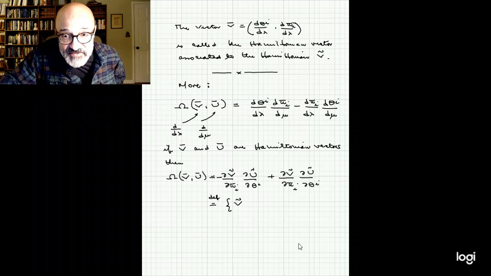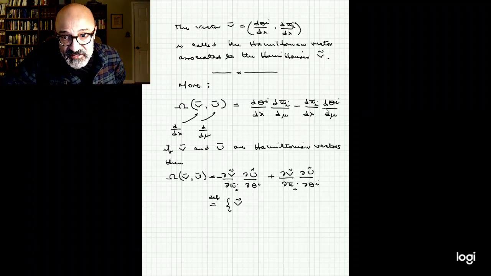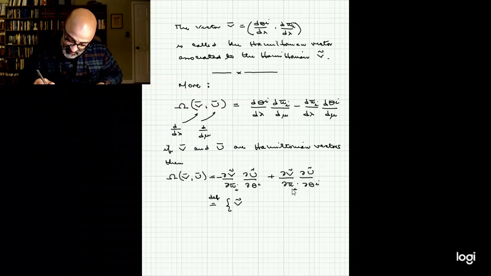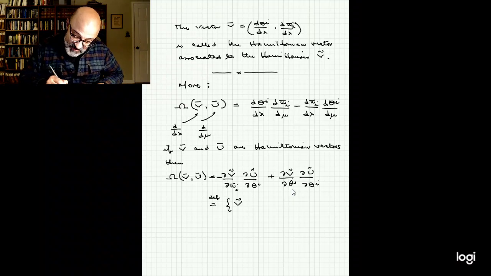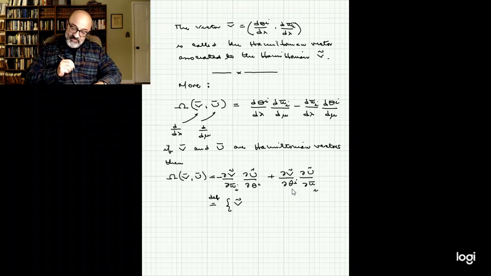Yes, of course I have something wrong here. d theta, d pi d mu, d pi d lambda. This, yes, this is here. I knew there was something fishy here. The pi d lambda is the d theta with a minus sign, and this is the d pi. Sorry about that. Very good.